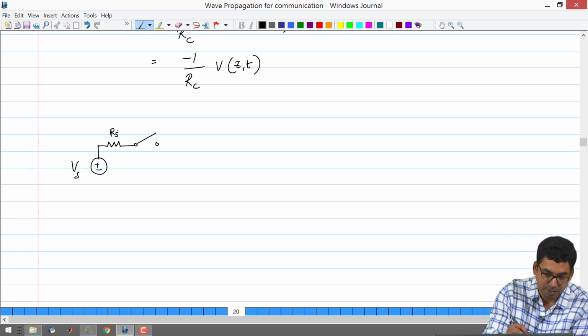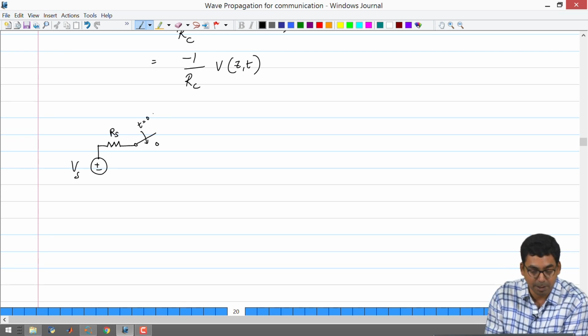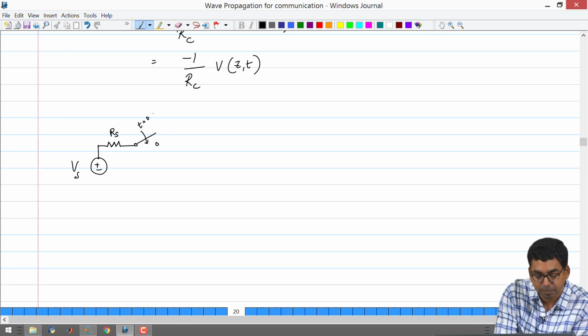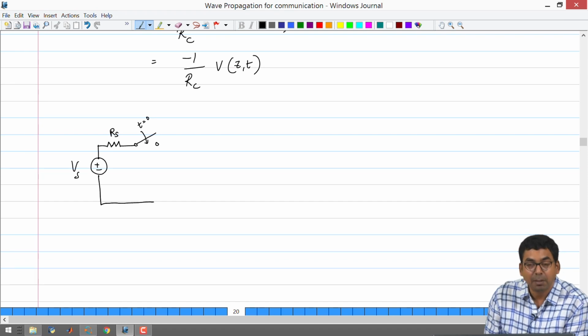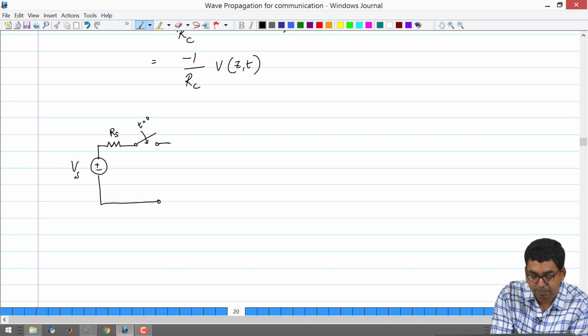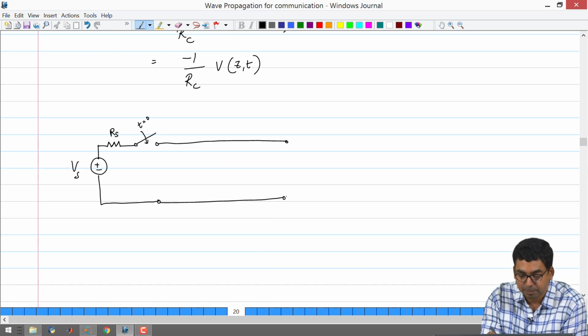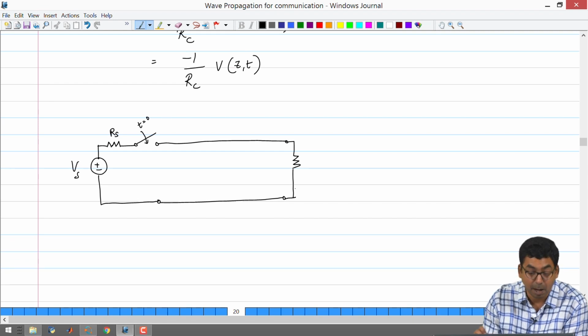And I'm having a switch that closes at time t equal to 0, and I have a transmission line. The other end of the transmission line is connected to a resistance. The value of the resistance is RL.